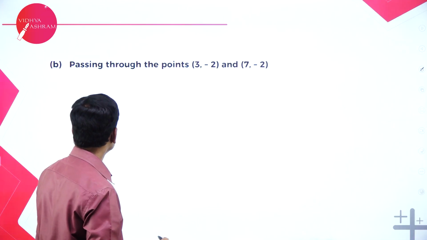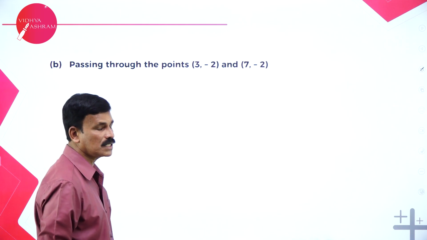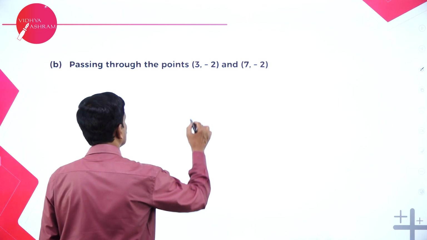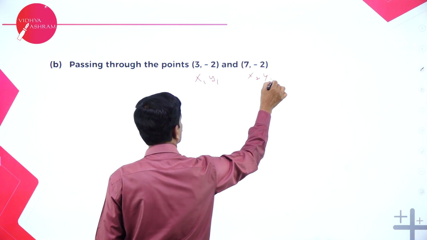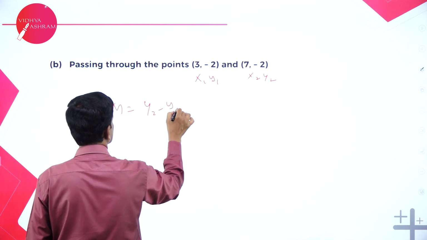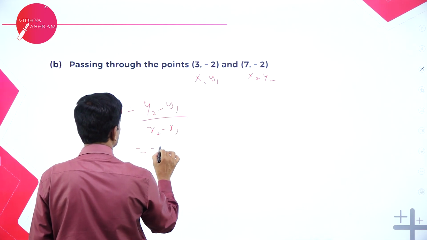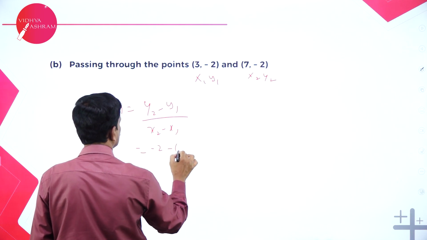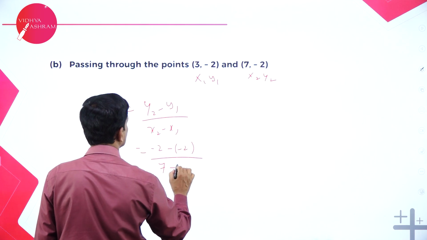Now move on to a similar type of problem. Find the slope of a line passing through the points (3, minus 2) and (7, minus 4). So this is (x1, y1) and (x2, y2). The slope m is equal to y2 minus y1 divided by x2 minus x1. What is y2? Minus 4, minus y1, which is minus 2, divided by 7 minus 3.